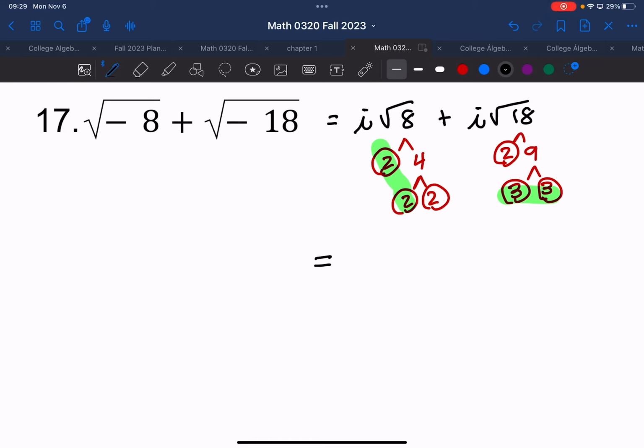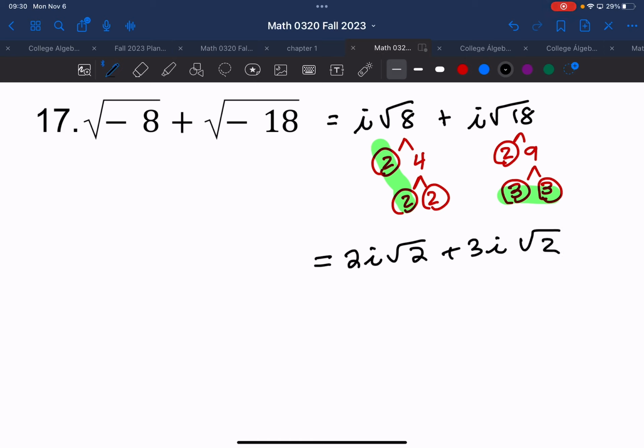which means for i square root of 8, this simplifies to what? Just that first term. Yes, 2i square root of 2. Okay. What about that second term? That's going to simplify to 3i square root of 2.